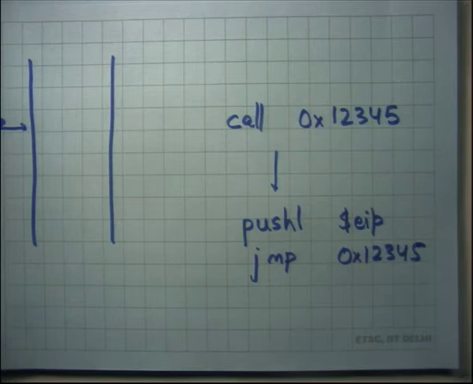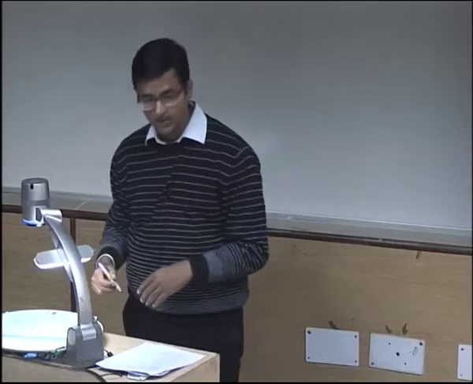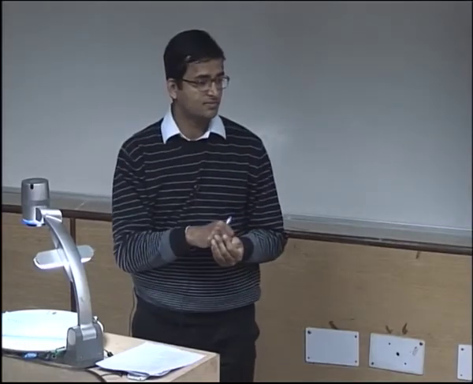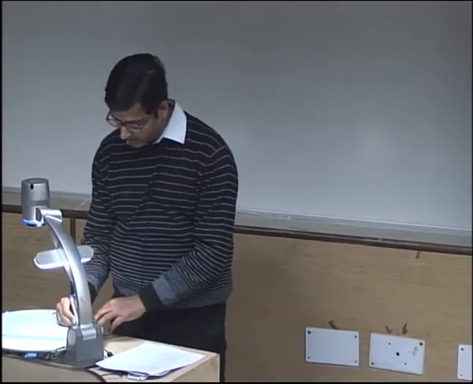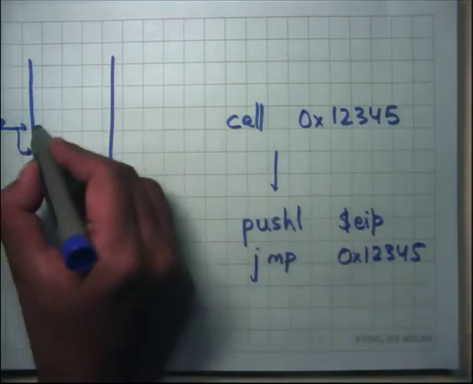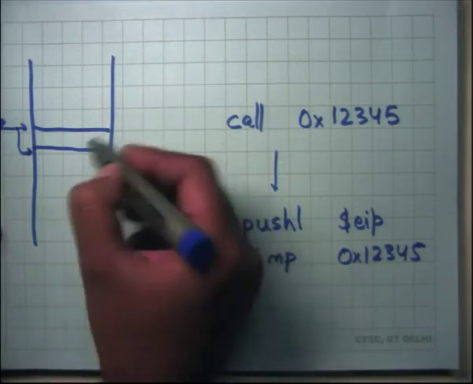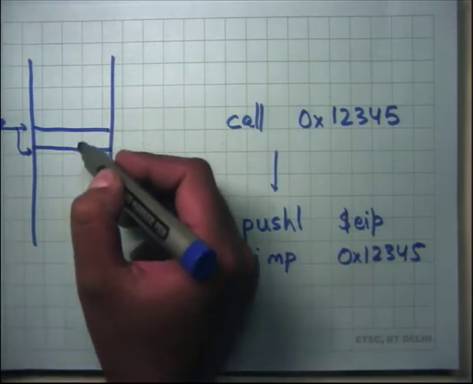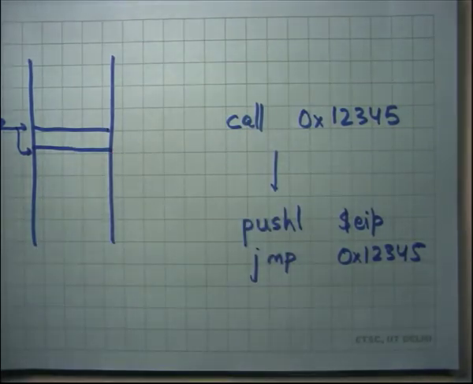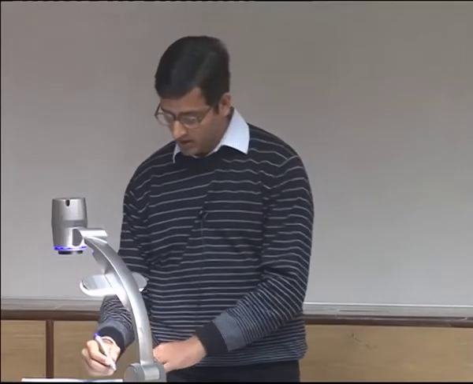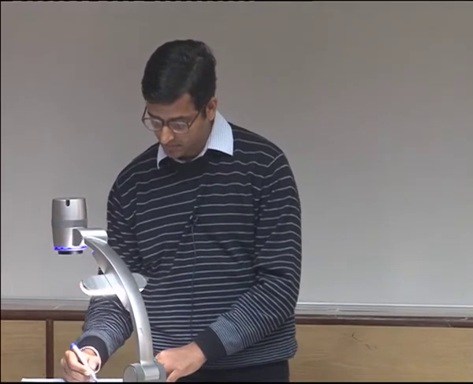So basically you push the address of the next instruction onto the stack and jump to the destination. ESP gets decremented, the stack grows, and this contains the address of the instruction following the call site. This is also called the return address.